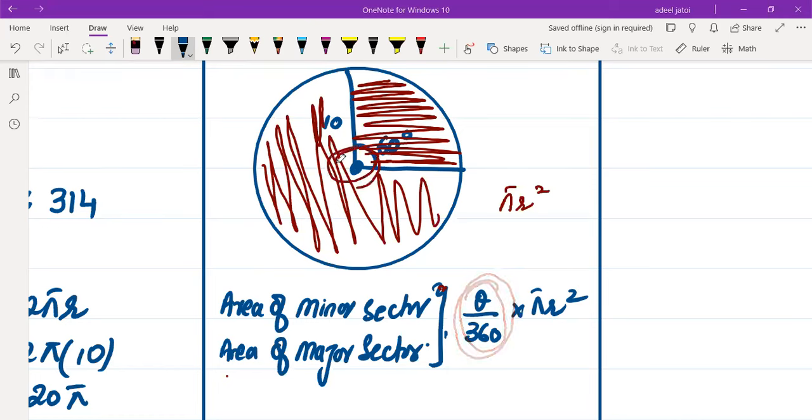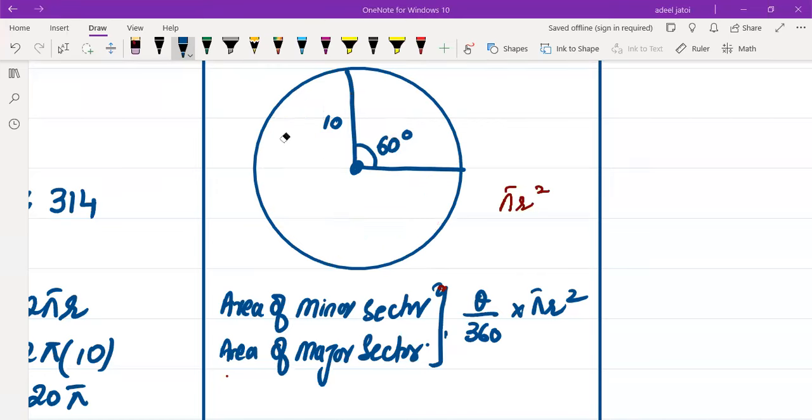The entire angle that the circle comprises is 360. But if I want to find the area of the minor sector, the angle of the minor sector is what? 60 degrees. So what will be the ratio?